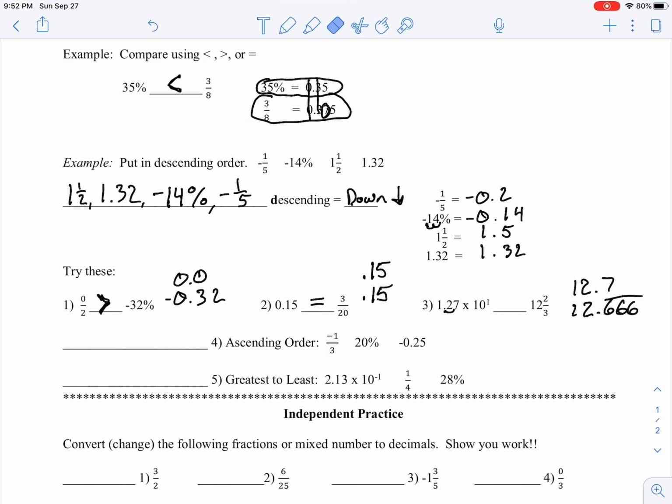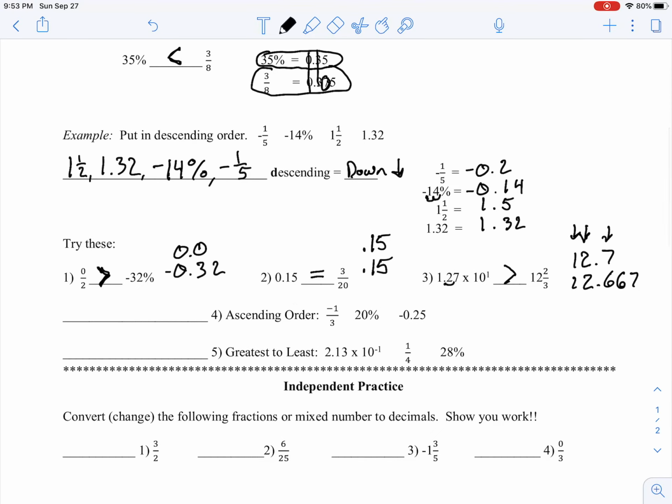Or we could round that off a couple spaces and give that 12.667. Well, we have 1s are the same, 2s are the same, and then finally 7 is bigger than that 6 here, so we know that this will be bigger than our 12 2/3.